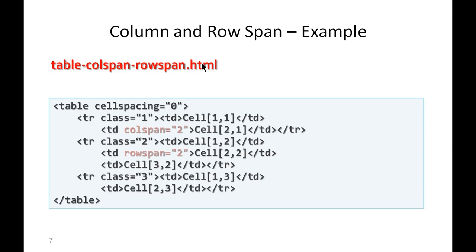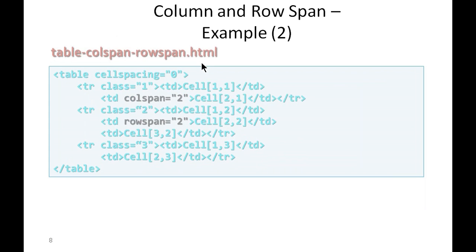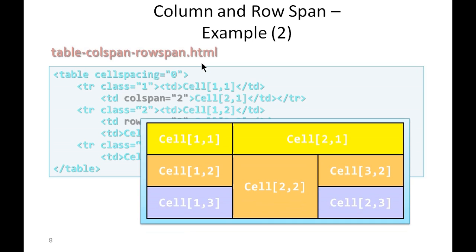So in this example we have added a column span and a row span of 2. Then we will see what output we get. This is the same example defined previously, and this is the output we will get.